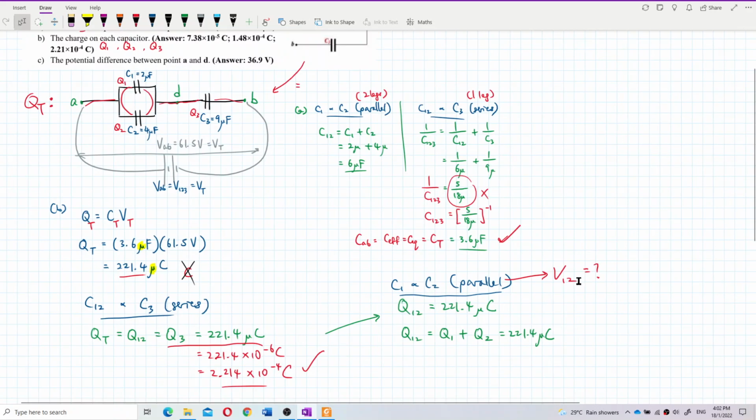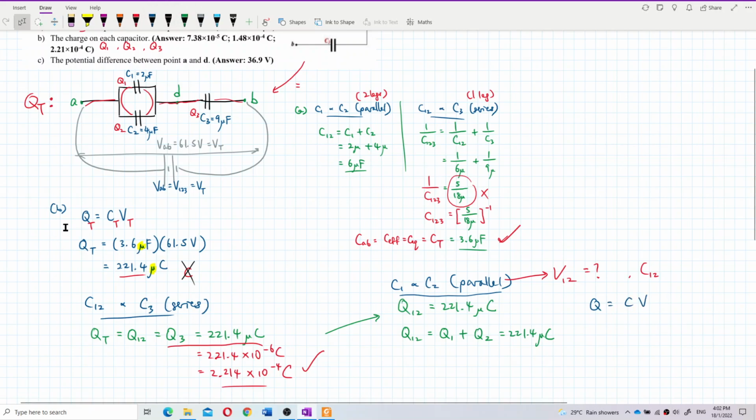Of course you can. First I need to have C12, then I can find V12, because I already have Q12. I can use the relationship of Q equal to CV.